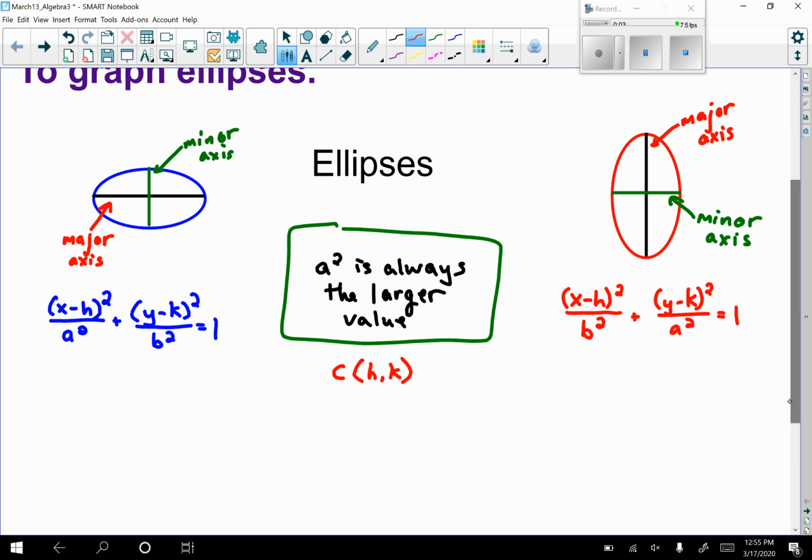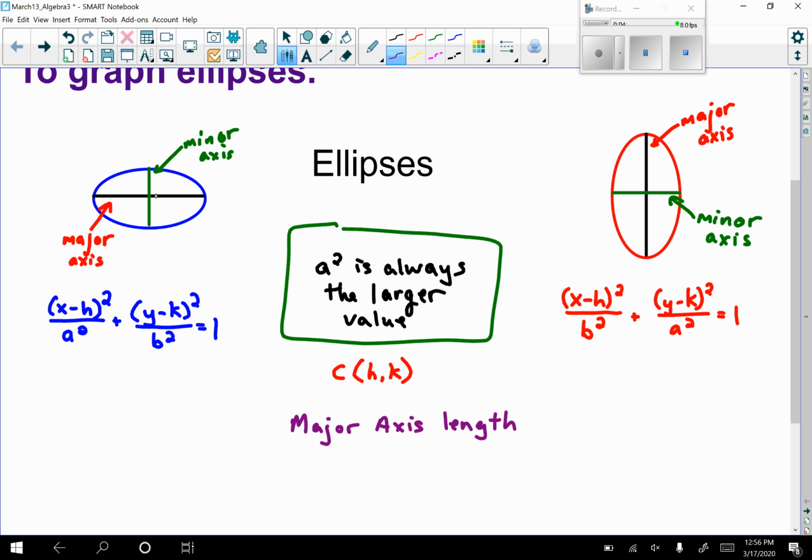And then we're also going to be asked to find the length of the major axis. So this a squared, I'm going over to the blue ellipse here.